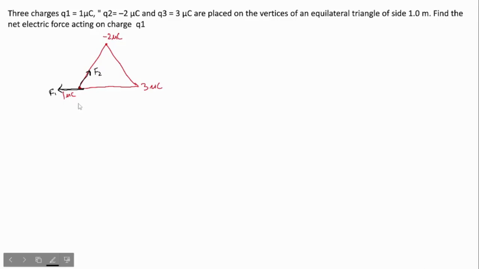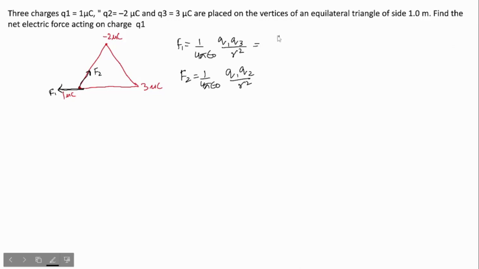Let's calculate F1 and F2. F1 will be 1/(4πε₀) · Q1Q3/r², in this direction. And F2 will be 1/(4πε₀) · Q1Q2/r².